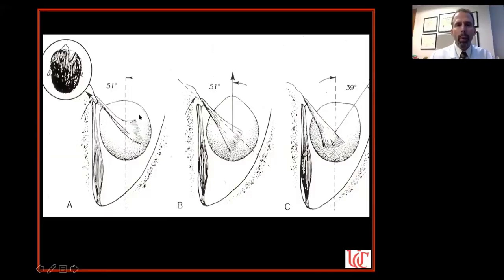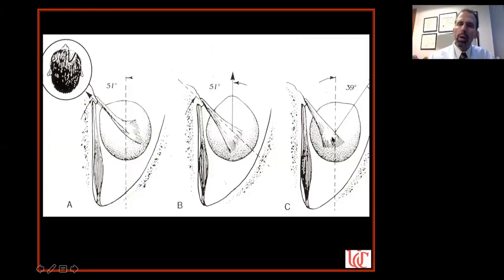However, when the person is looking towards the nose, that force vector is acting totally as a depressor. That's why the duction deficit is most apparent looking down and toward the nose, or looking down and away from the fourth nerve palsy.